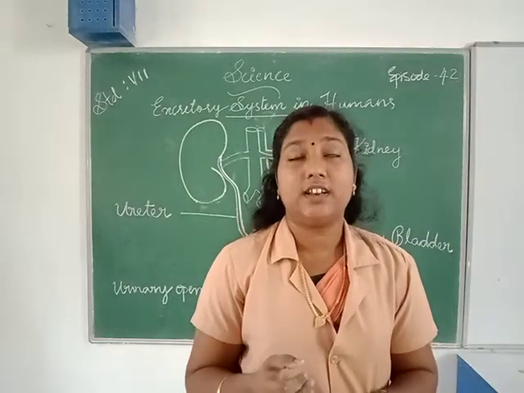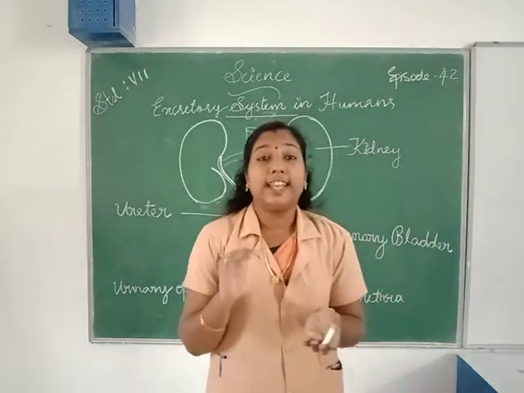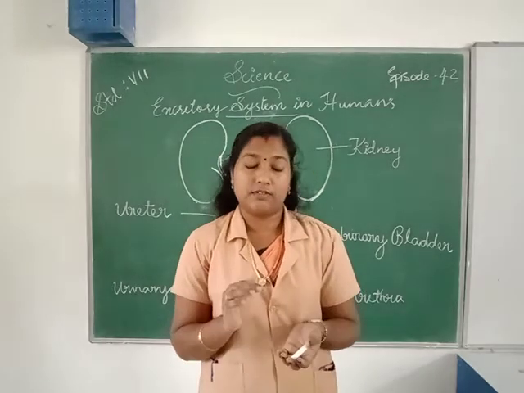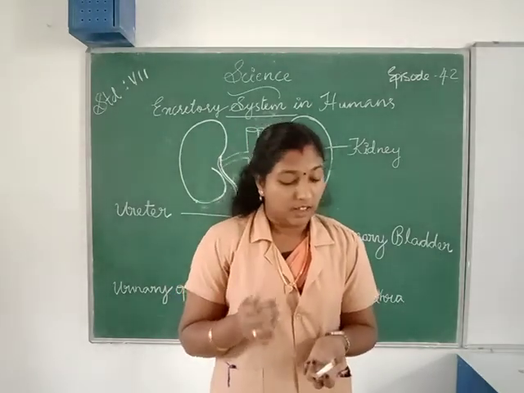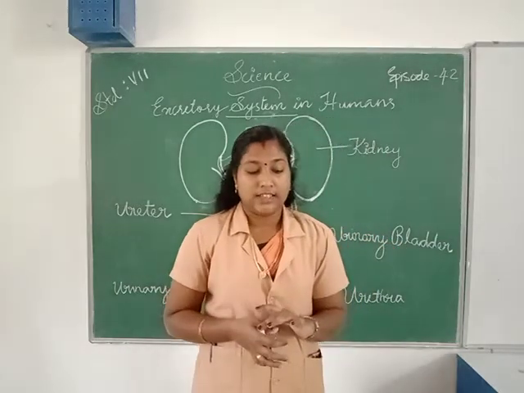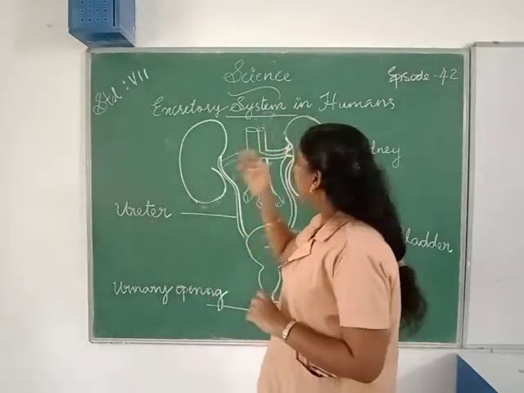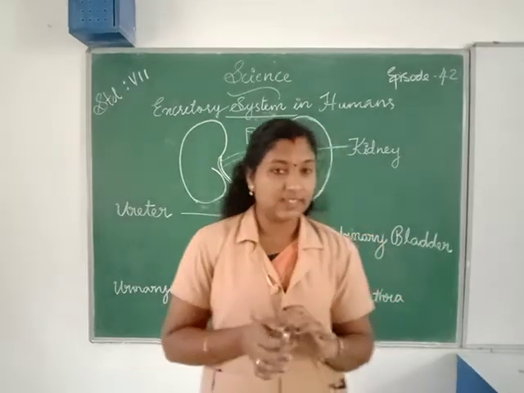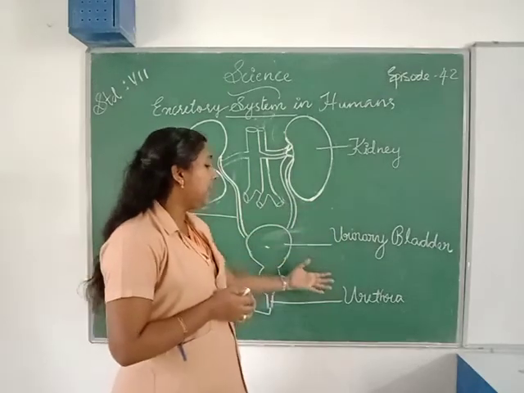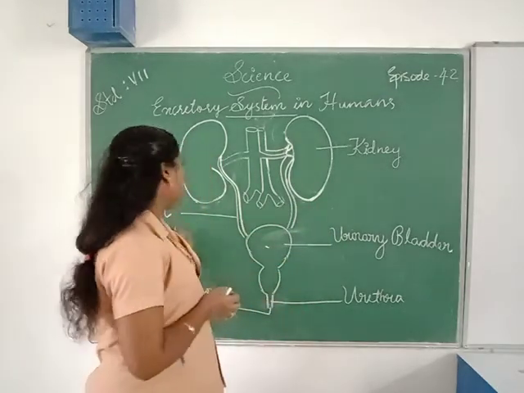How is this done? Through the excretory system in humans. The excretory system in humans consists of kidney, urinary bladder, urethra and ureter.